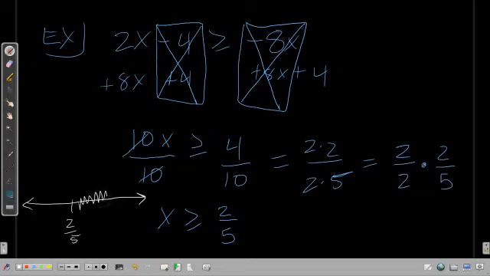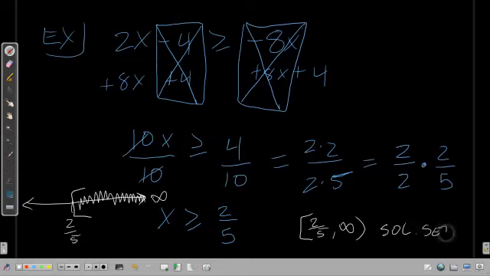It's the numbers that are bigger than 2/5, because x is bigger than 2/5, or it's equal to 2/5. So I have to throw 2/5 in with the bracket, and it goes off all the way to infinity. So then my solution set is the interval from 2/5 out to infinity. This is my solution set.